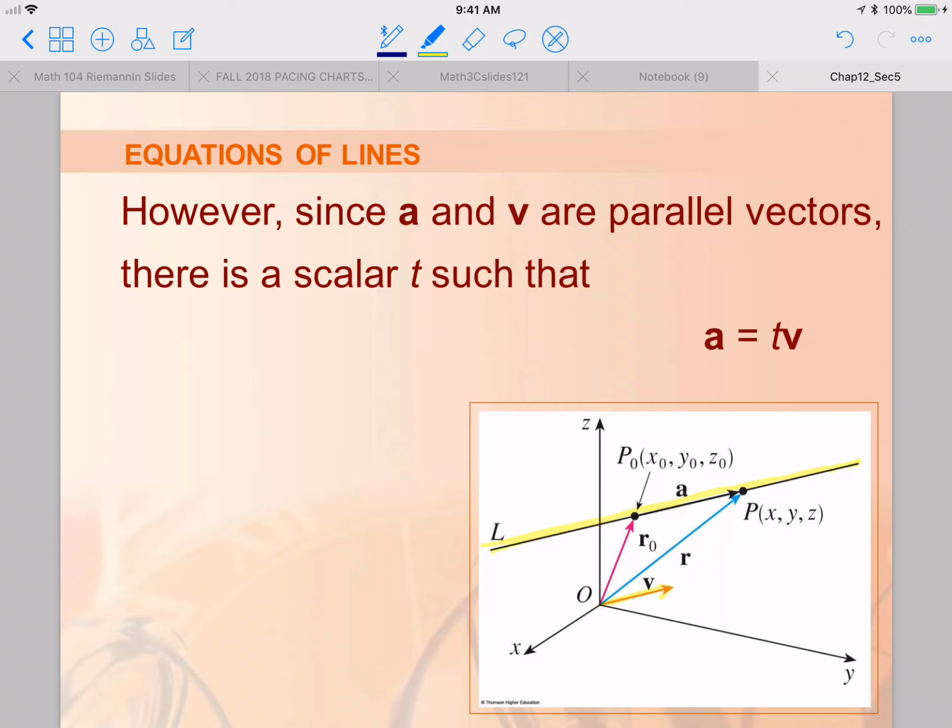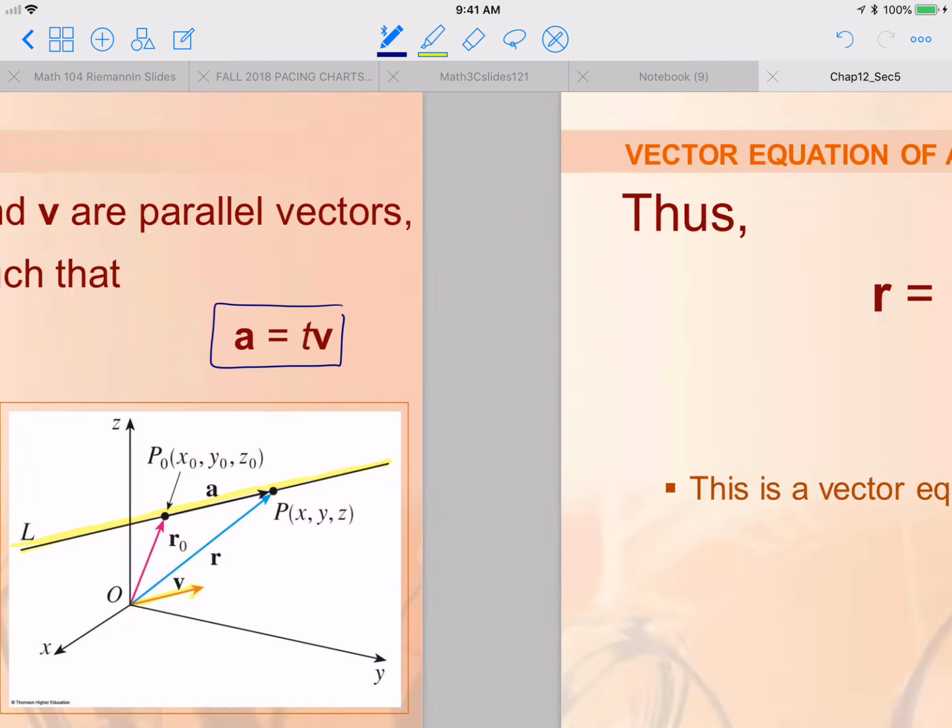And we know that parallel vectors have to differ just by a scalar. So that means that a must be a scalar multiple of v. That's written right here. If a is a scalar multiple of v, that means that there exists some scalar t, some real number, such that a equals t times v.